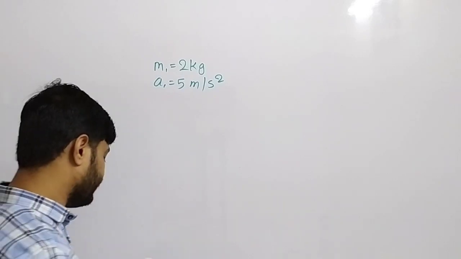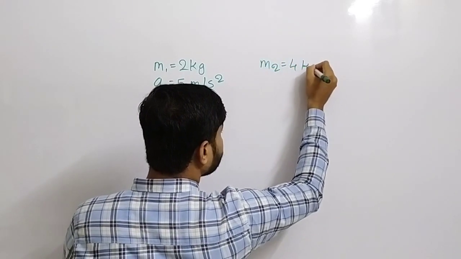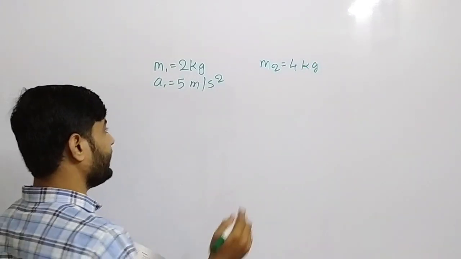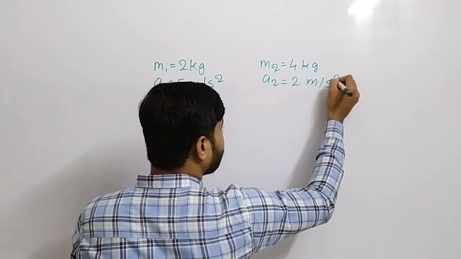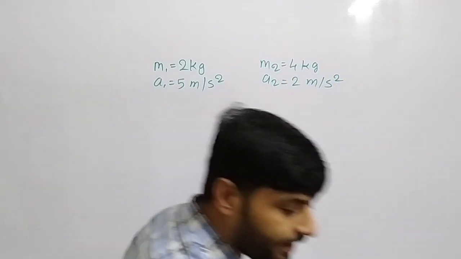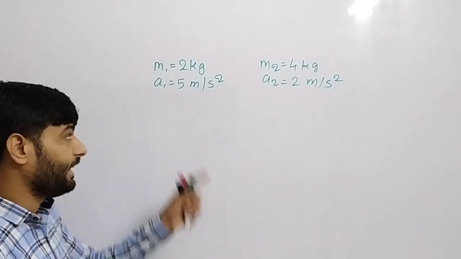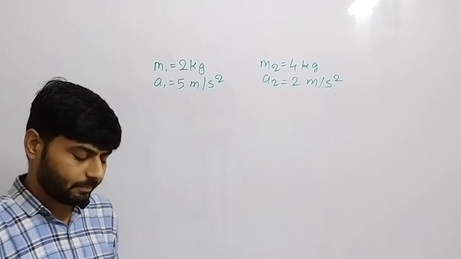And the second case is a mass of 4 kg, and we want to give it an acceleration of 2 meter per second square, and we want to find which object requires more force to gain this acceleration.